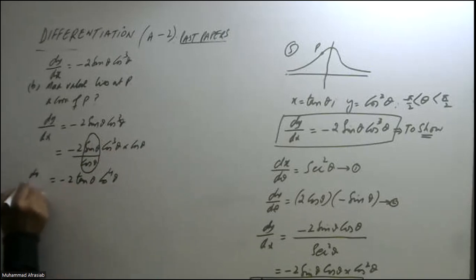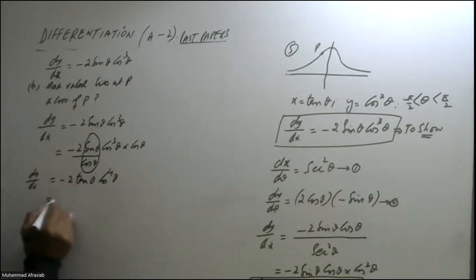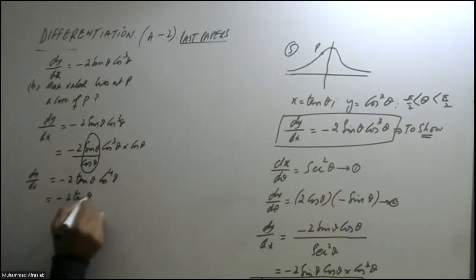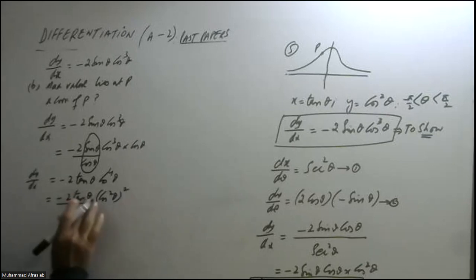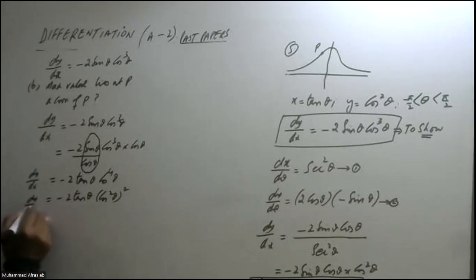And that is still equal to dy/dx. Now this will be equal to minus 2 tan θ, because y is cos²θ, so this becomes cos²θ whole squared, and it is still dy/dx.